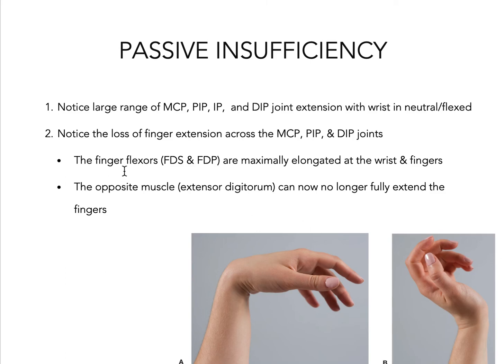Finger flexors, FDS and FDP, flexor digitorum superficialis and flexor digitorum profundus, are maximally elongated right here at the wrist, at MCP, and all of these joints right here. So the opposite muscle, extensor digitorum, can no longer fully extend the fingers because FDS and FDP are maximally elongated at the wrist.